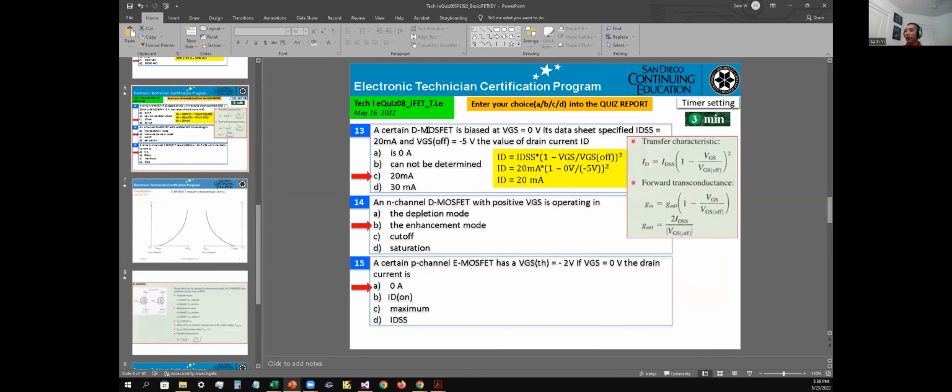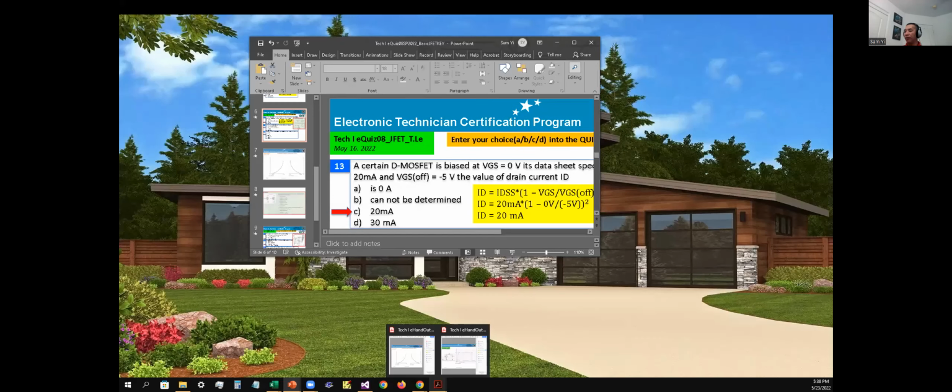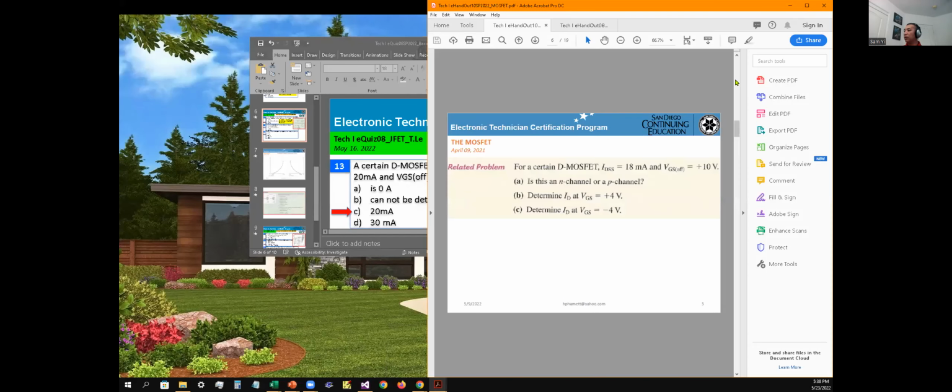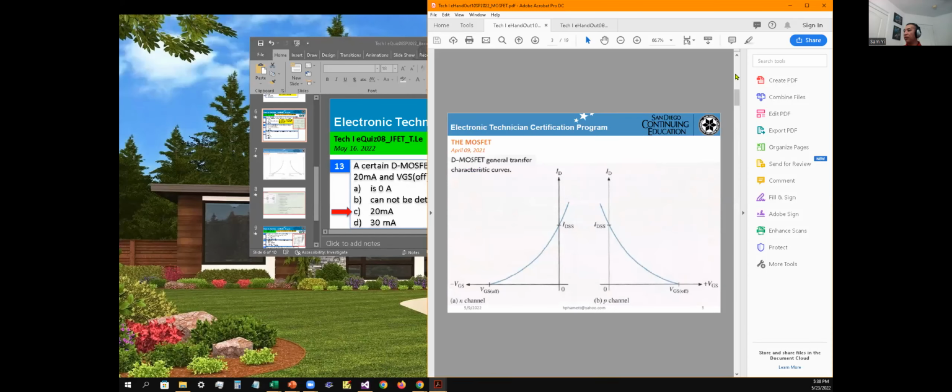Let me look at the D MOSFET, I was looking at the wrong one. The D MOSFET would be here, and it's opposite.